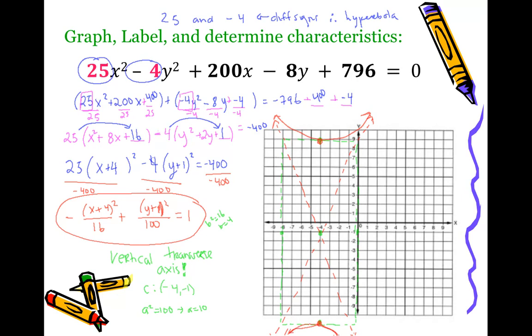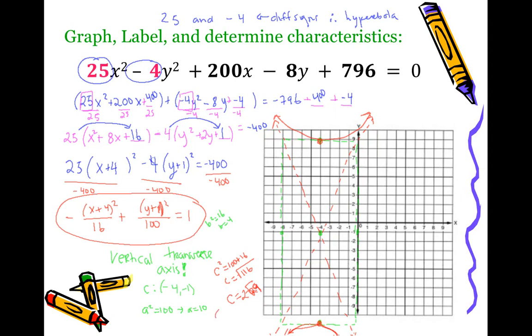I'm missing the focus points, right? So c squared equals 100 plus 16. So c equals the square root of 116. Does that simplify? Yeah, 2 root 29. So to get to the focus points, I'm going to be going up and down 2 root 29.